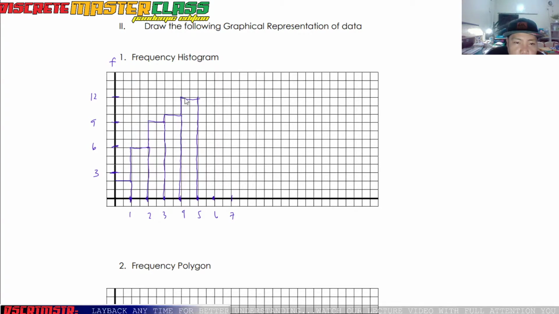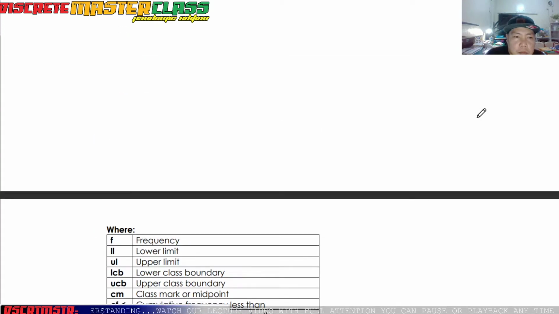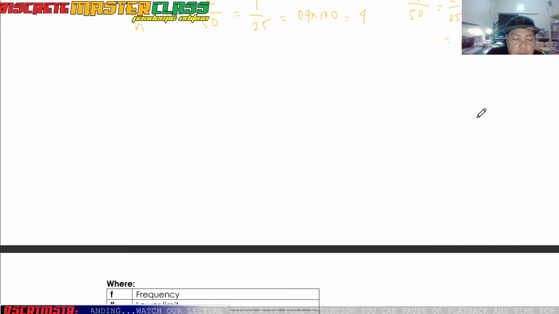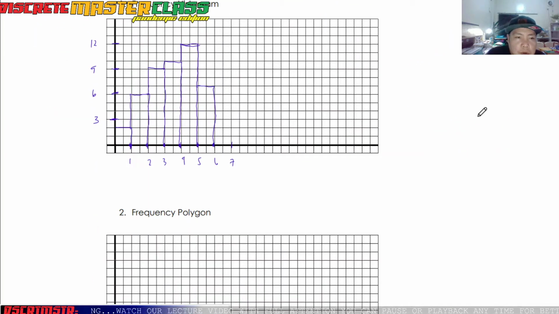Dapat diretso ha. Okay. Tapos yung sixth class, 7. Nasaan yung 7? Yun. Ito yung 7. Tapos yung 7th class natin, yung last class natin, 4. So, 4. Ayun, yun yung 4.